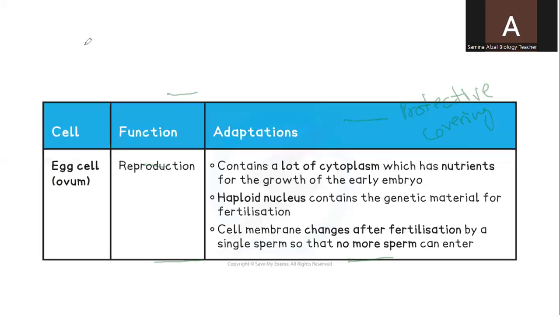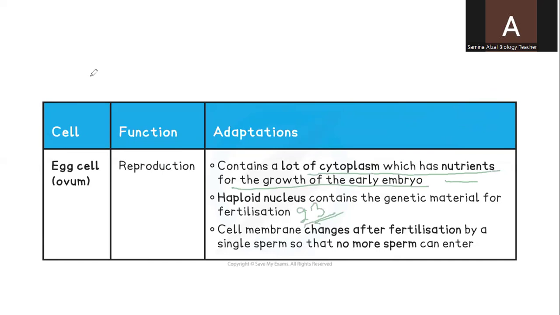The function of the egg cell is reproduction. To perform the process of reproduction, there are some adaptations in the egg cell. They contain a lot of cytoplasm which has nutrients for the growth of the early embryo. So nutrients are provided by the cytoplasm. A single set of chromosomes, a haploid nucleus, is present in the egg cell, and the cell membrane is changed.